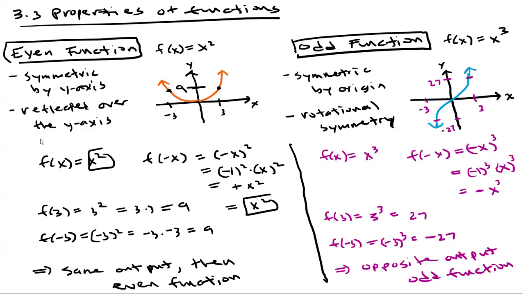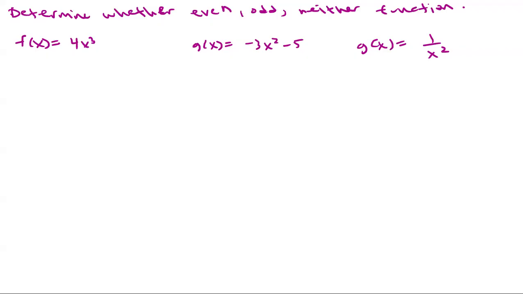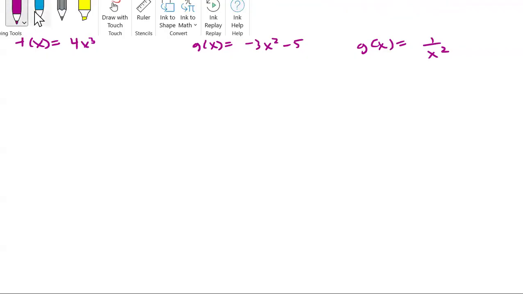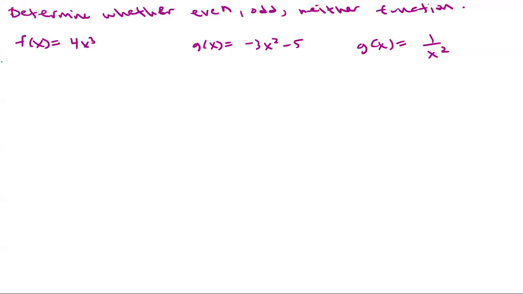Okay, so anyway, that's a great segue to what we're going to do. It's basically do problems and figure out whether the function is even or odd or neither. In these problems, they want us to determine whether it's an even, odd, or neither function.